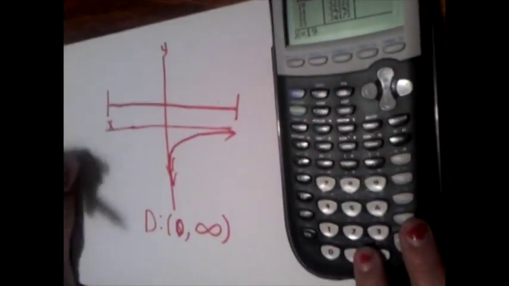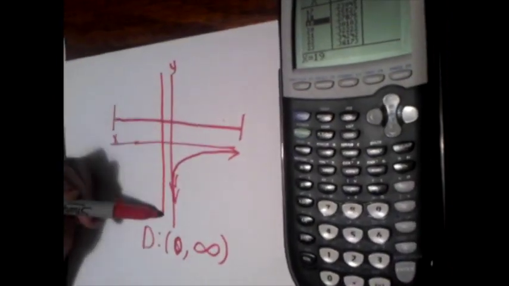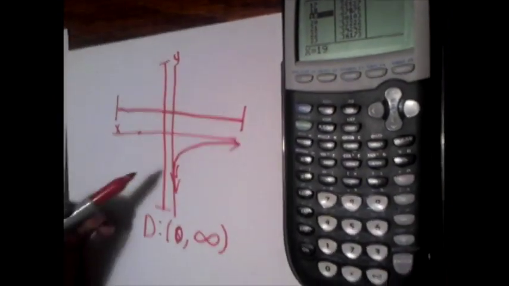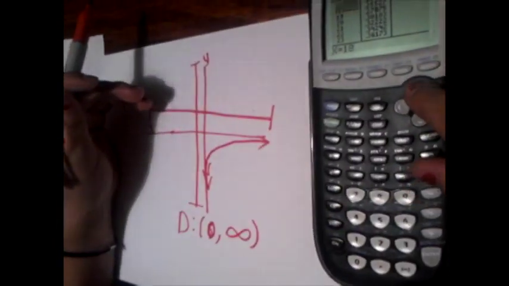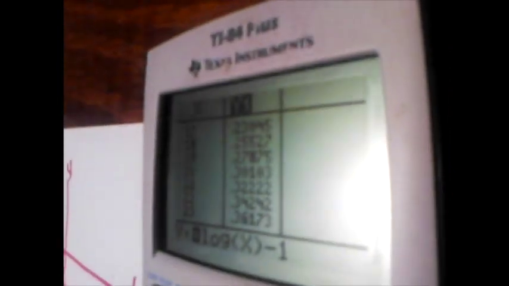So there's the domain. Now, we have the domain, we need the range, which is going to be y. Alrighty, so as you can see, there are arrows on both of these, so there may not be any limitations, but just to make sure, we're going to look down everything.